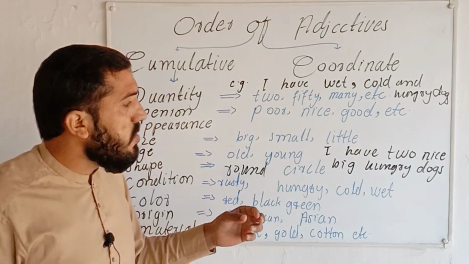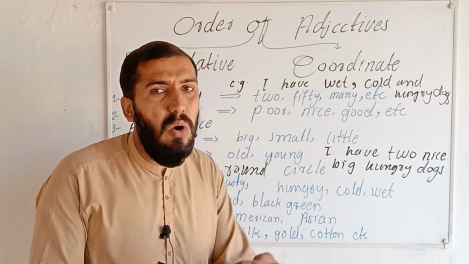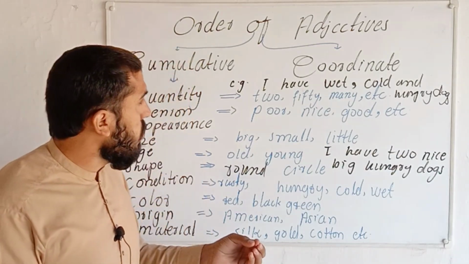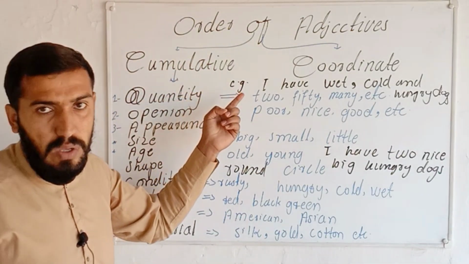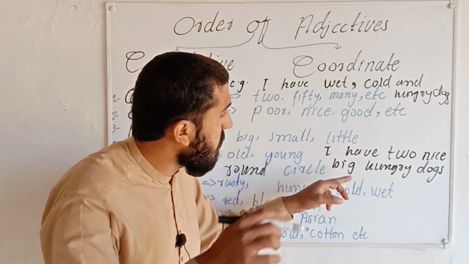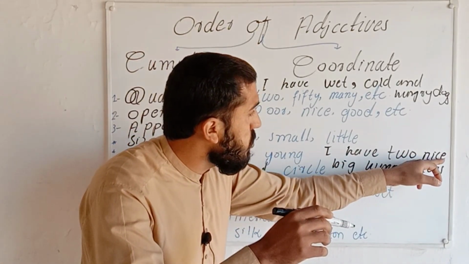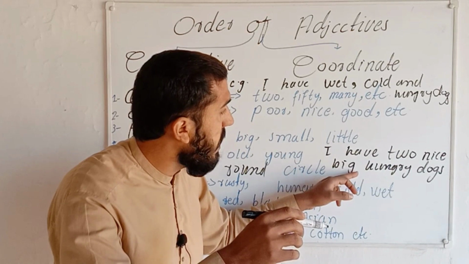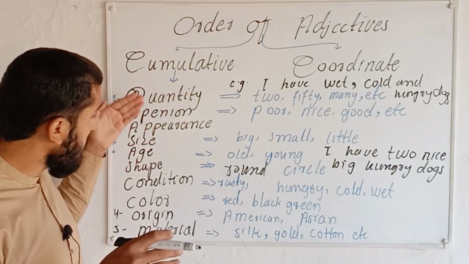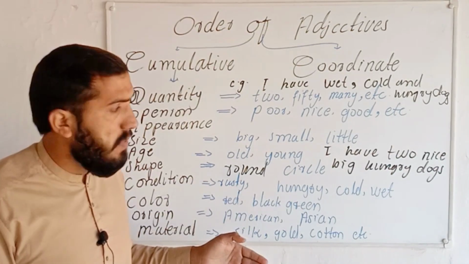Therefore, you should use only two or three adjectives before a noun when you go for cumulative adjectives. And do not put comma here. After nice you don't use comma, after big you don't use comma, because these adjectives have a particular order.